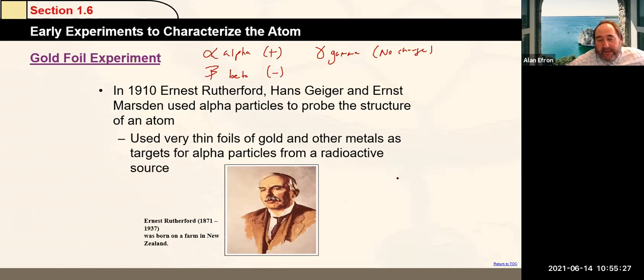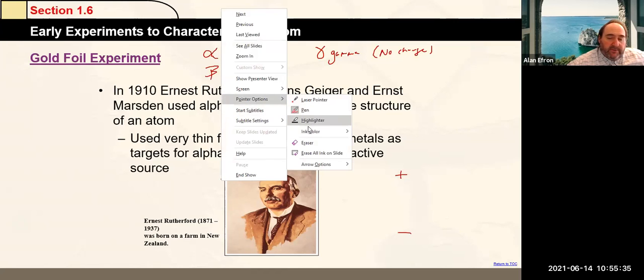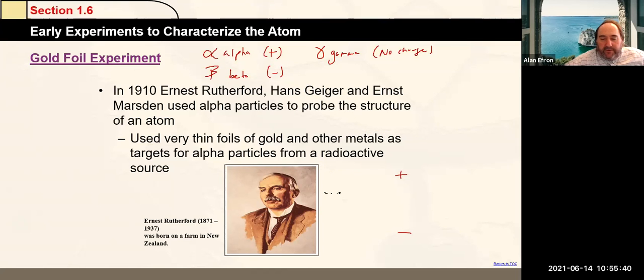For example, if we built an electrical field with a negatively charged side and a positively charged side, and we shot a particle through it and it bent upwards towards the positive side, remember that opposites attract, so we can make a pretty good guess that this particle is negatively charged. That's why it bent away from the negative charge and up towards the positive charge.